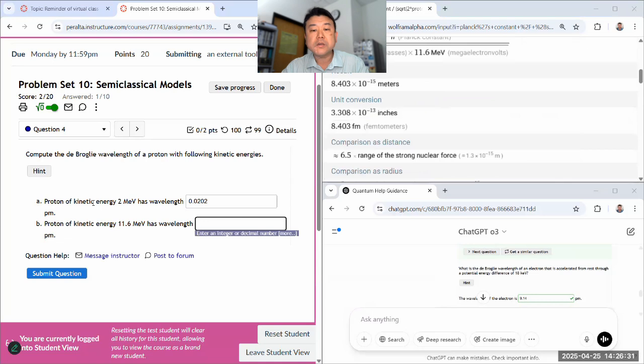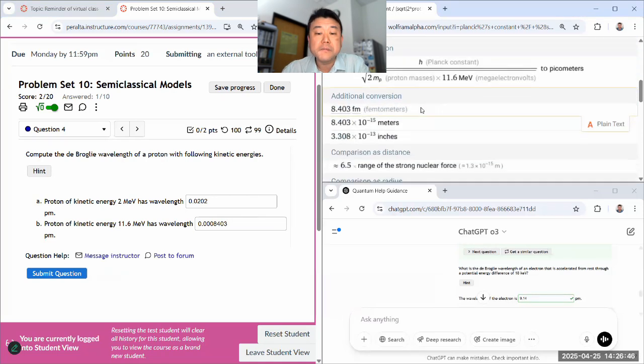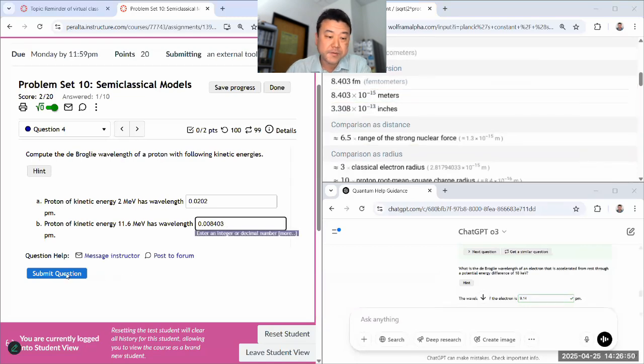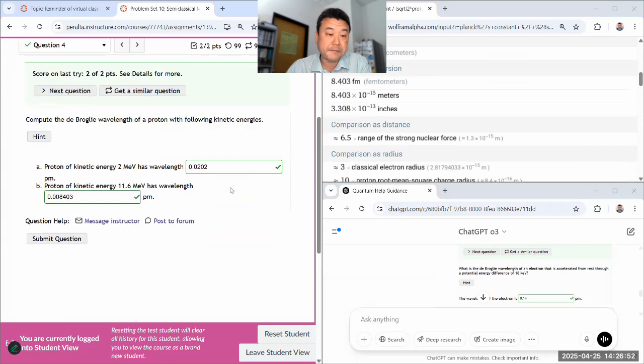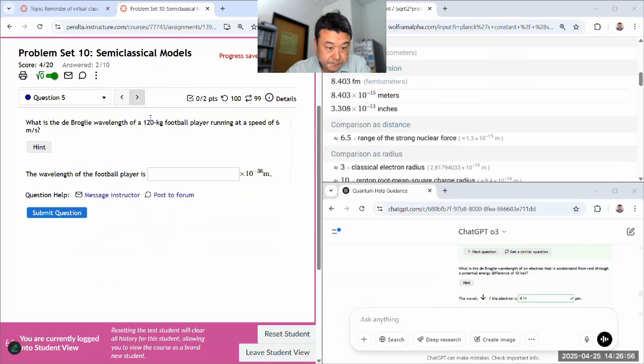So in picometers, 0.000, I think, 8403, maybe. Let me just say in pm. Too many zeros. Yeah, it's easy. Same formula, just an incredibly small number.